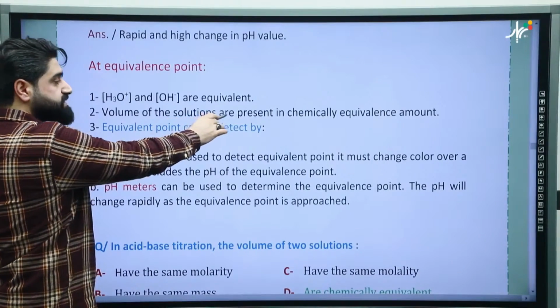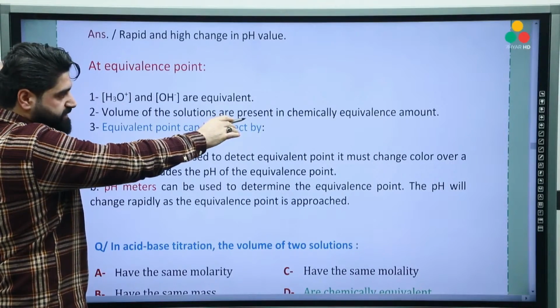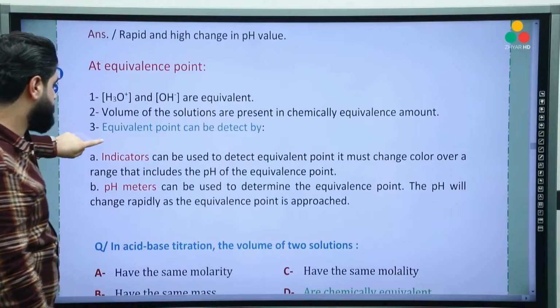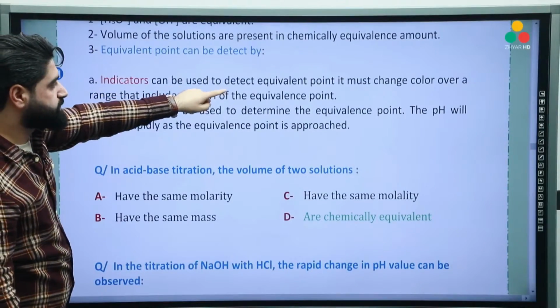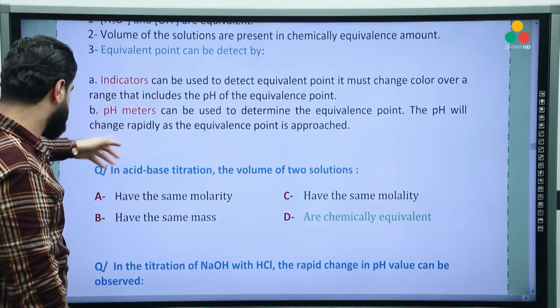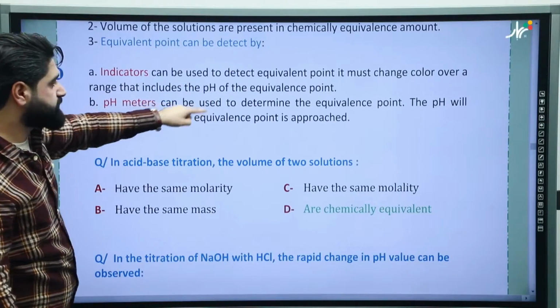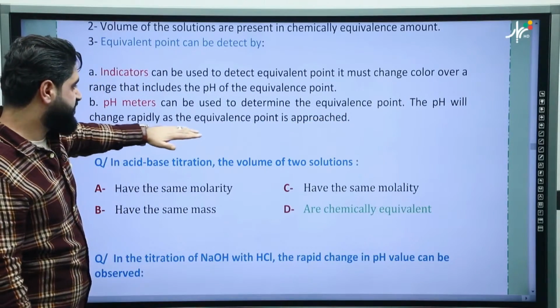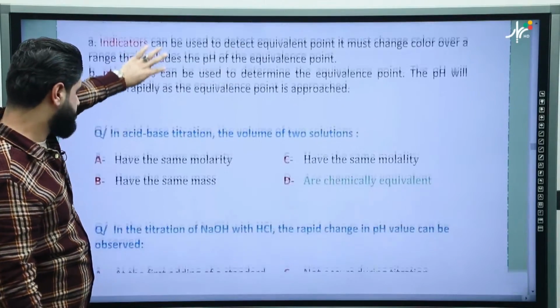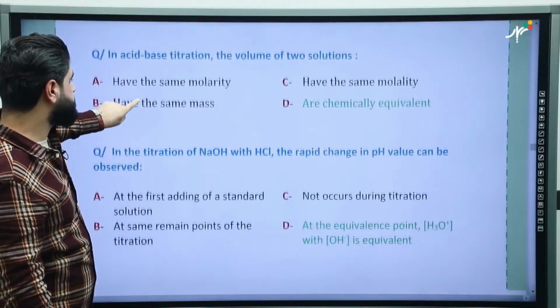The volumes of the solutions present in a titration are chemically in equivalent amounts. So indicators can be used to detect the equivalence point, and they must change color. A pH meter can be used to determine the equivalence point when there is a rapid change of the pH value. We have some questions.